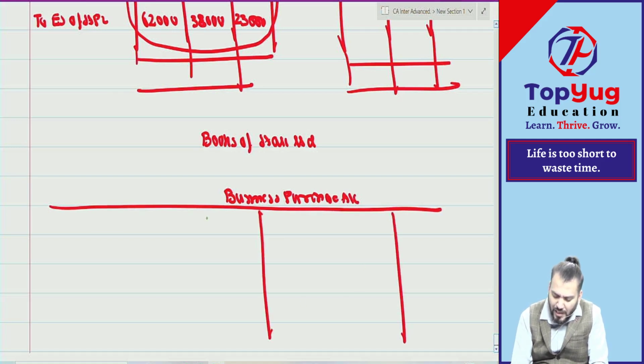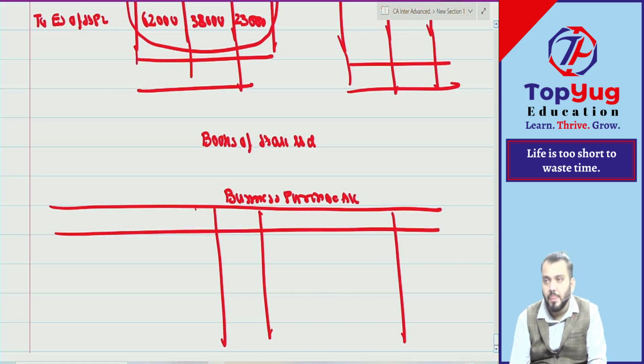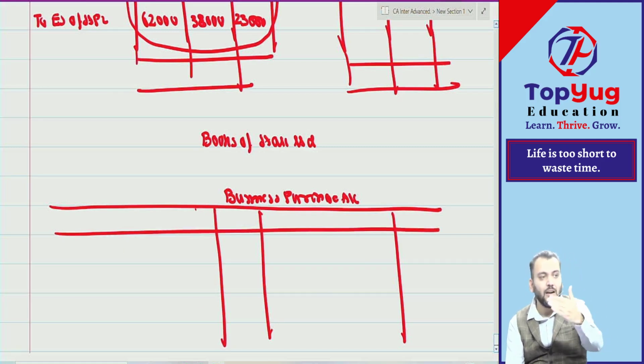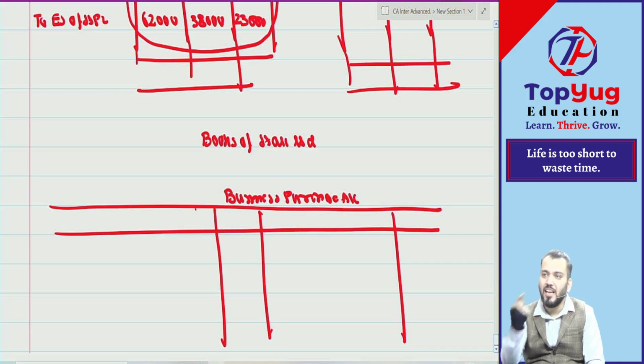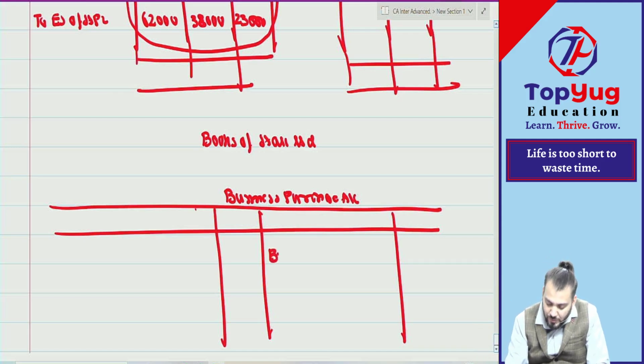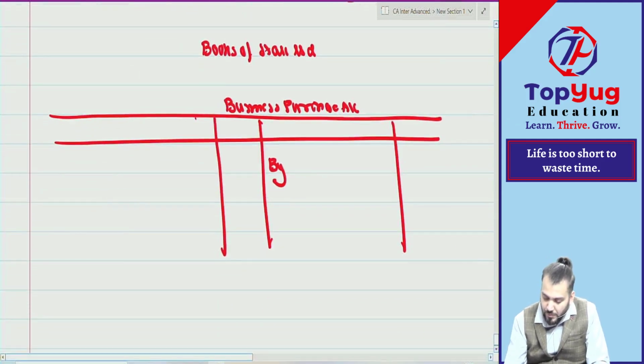So can I say all assets will be debited? Asset account debit to liability account. Correct. So we can say asset account debit to liability, to business purchase. So we write down, buy all assets.